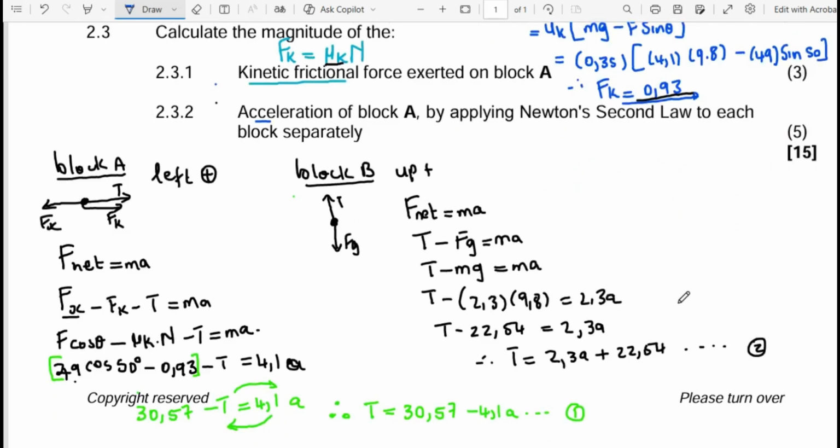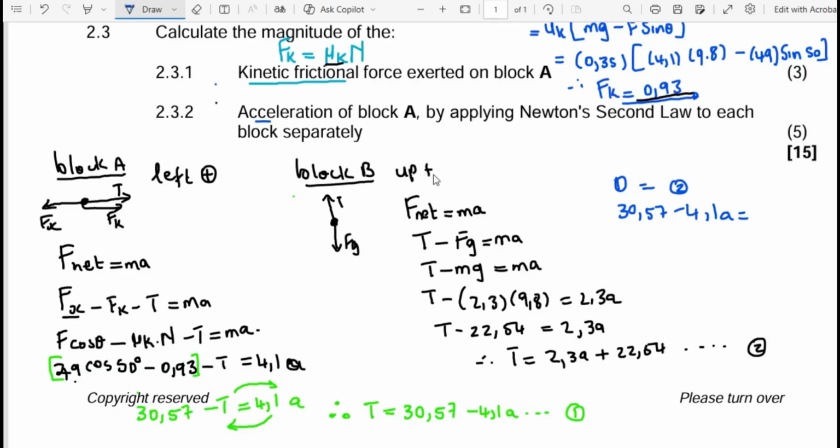So now I'm going to say equation 1 equals equation 2. Equation 1 is 30.57 minus 4.18. Equate this to equation 2, and what is equation 2?